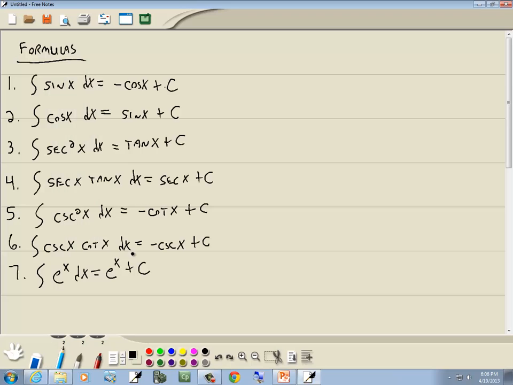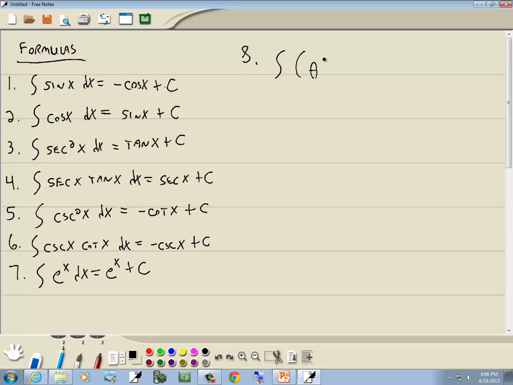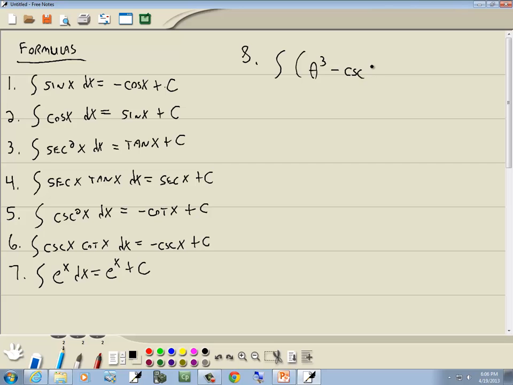So let's take a look at this. We're finding the integral of theta to the third power minus cosecant squared theta d theta. Now, you can have x's here, you can have theta, you can have any variable actually. It's still the same idea.